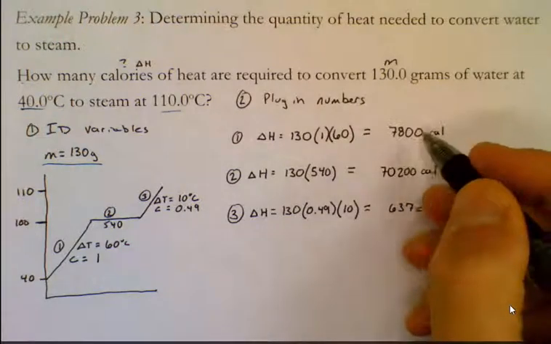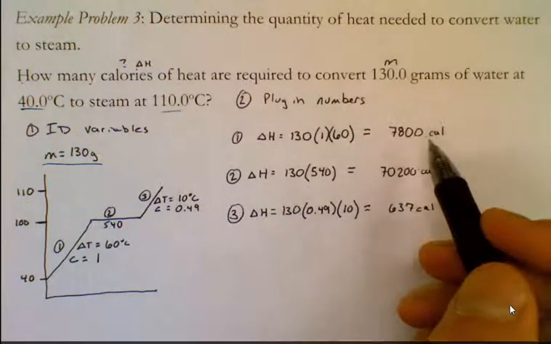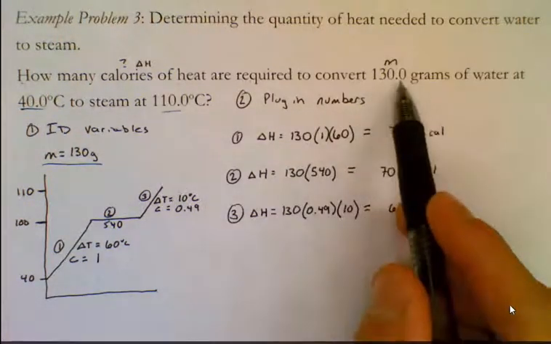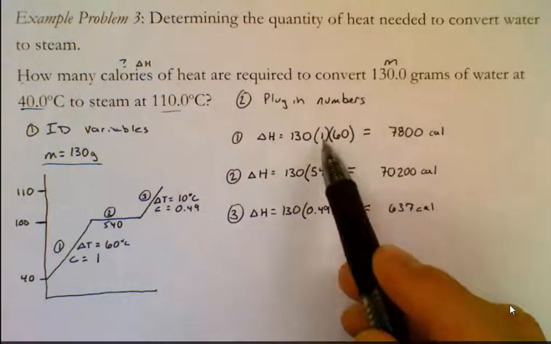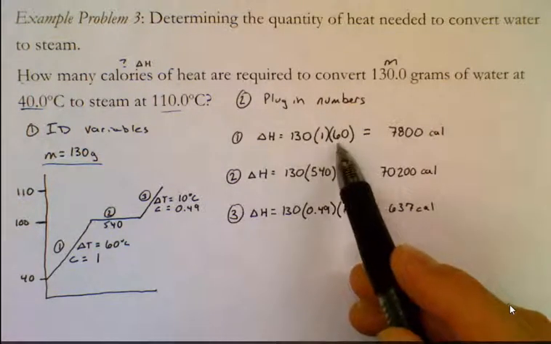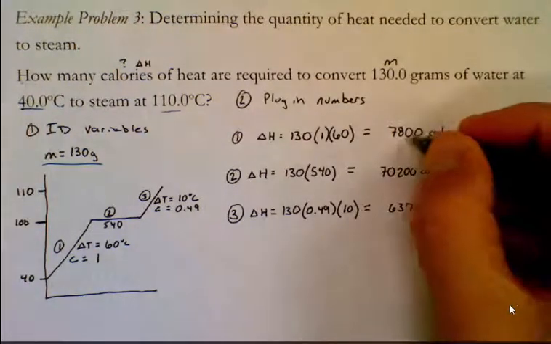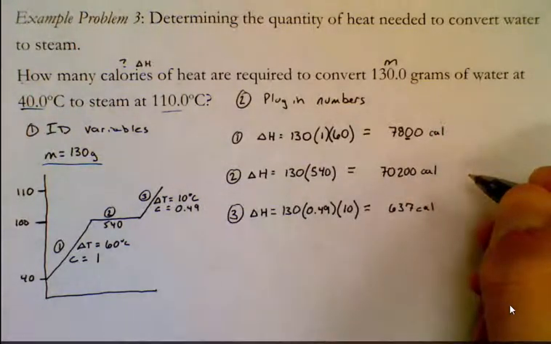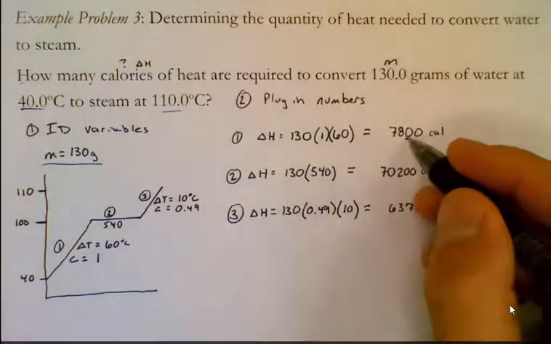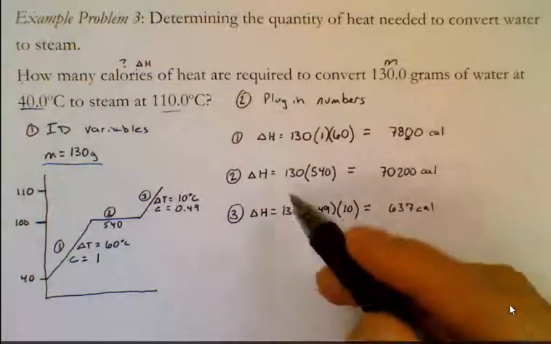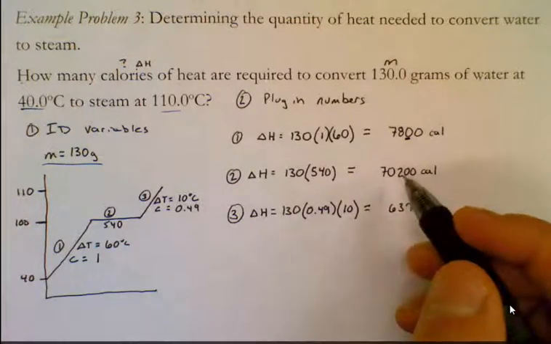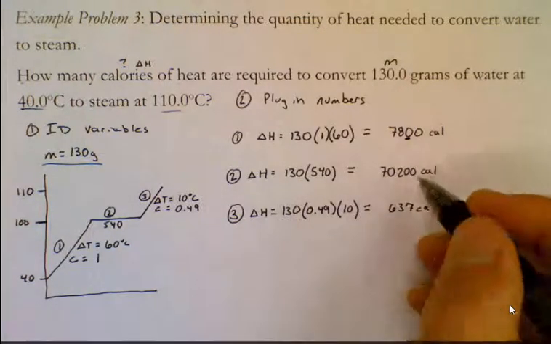For each of these sections of the problem, you need to determine your sig figs. The 130.0 has 4 sig figs. The specific heats won't count. The 60 is going to have 3 sig figs because we're taking 100 minus 40.0. So that 0.0 is our third sig fig, so 3 sig figs in our answer. Number 2 would have 4 sig figs because the 130 has 4.